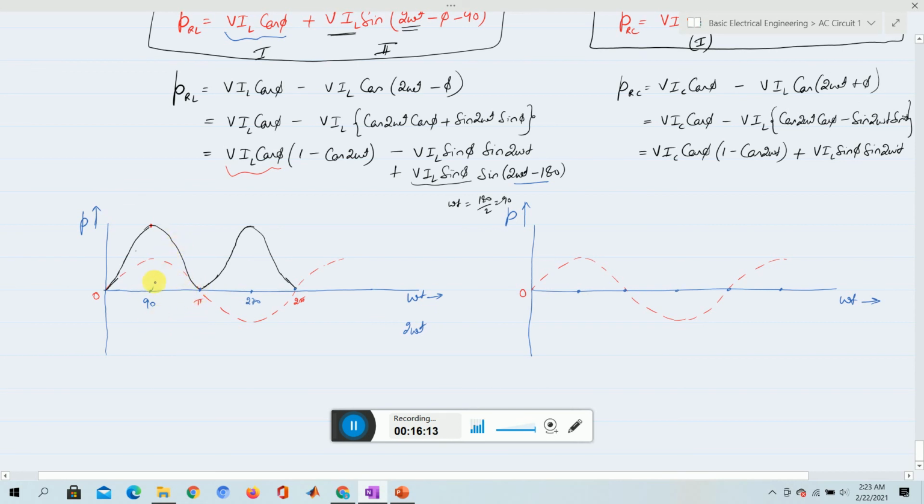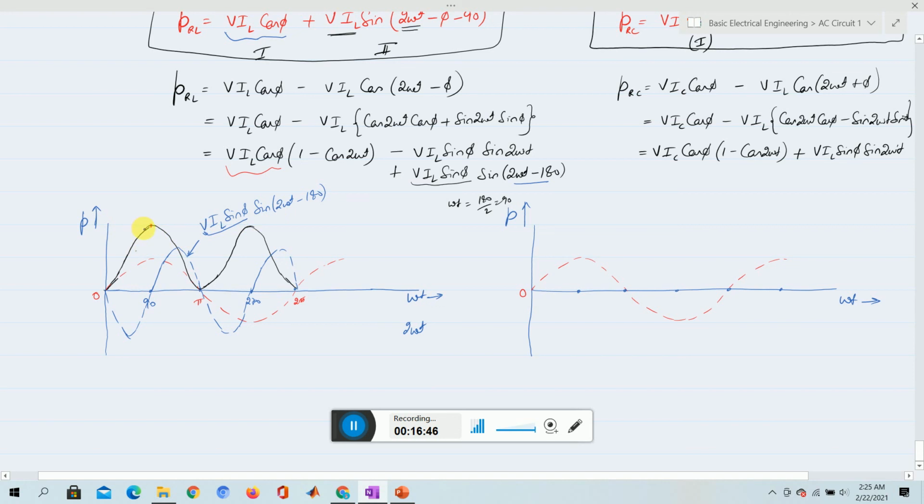Let us take the VI maximum value at a certain value here, and let us plot this waveform. This gives you the idea of the second quantity, which is VI sin phi. This is the peak value, and you multiply it with sin(2 omega t minus 180).